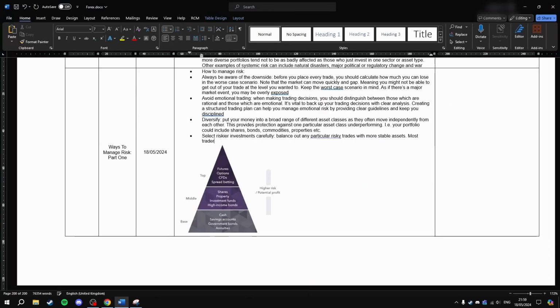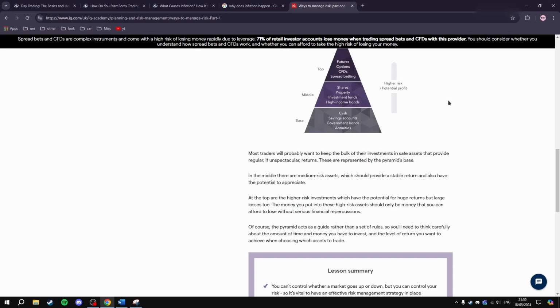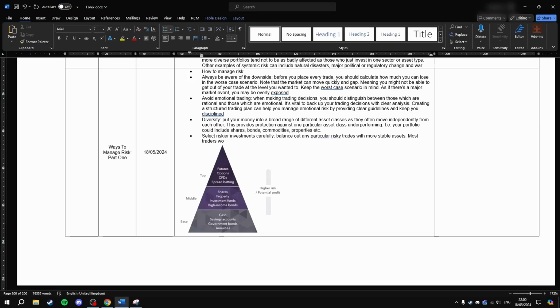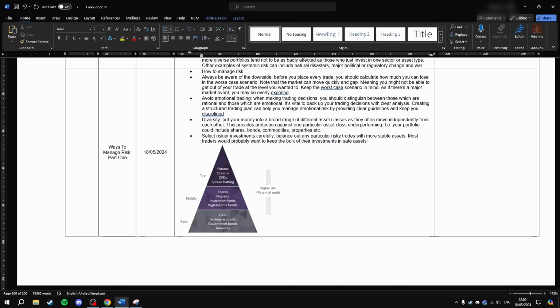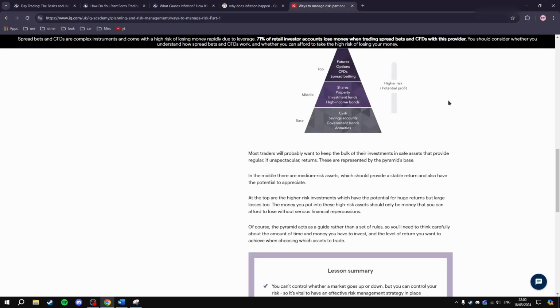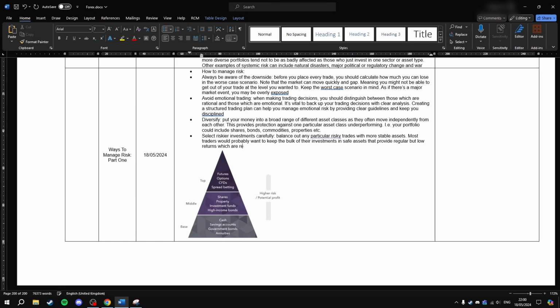Most traders would probably want to keep the bulk of their investments in safe assets that provide regular but low returns, which are represented by the pyramid's base.